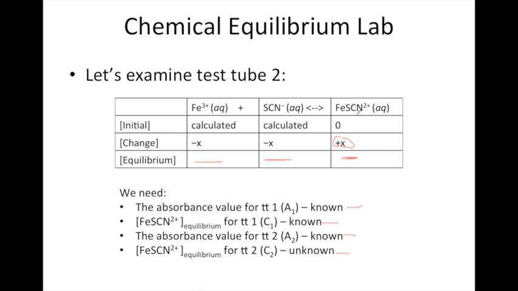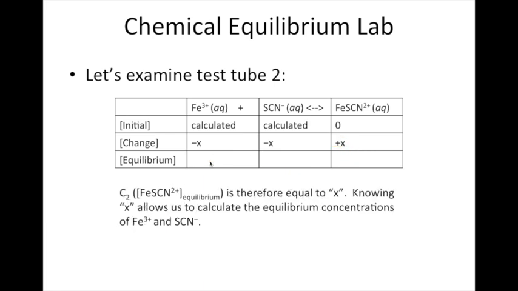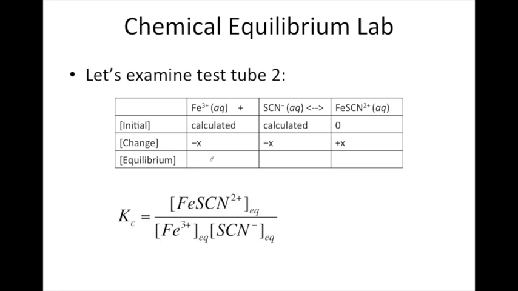So remember, our equilibrium concentration of iron thiocyanate is our X value. Okay. So now that we know X, we can calculate our equilibrium concentrations. Once we have all our equilibrium concentrations, those are what we use to calculate our Kc, not initial, but equilibrium. So we plug those into our expression here and solve for Kc.